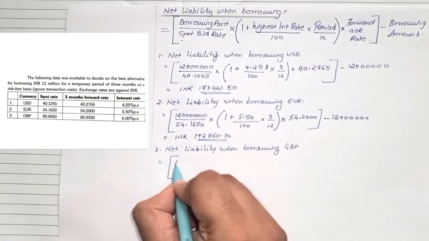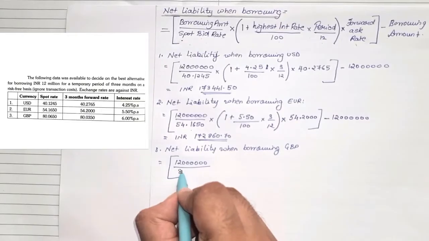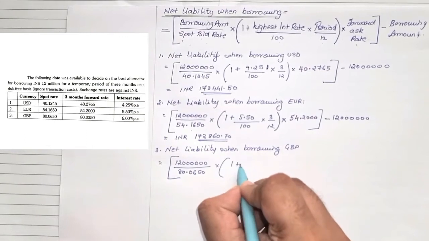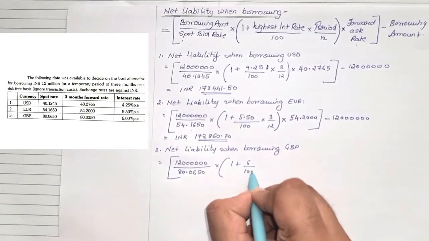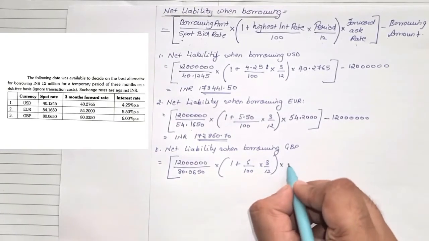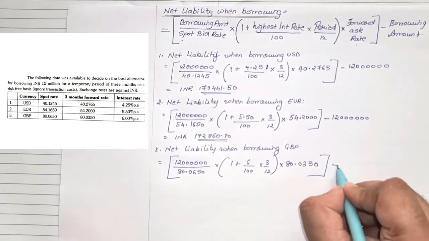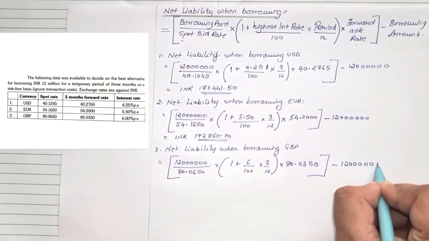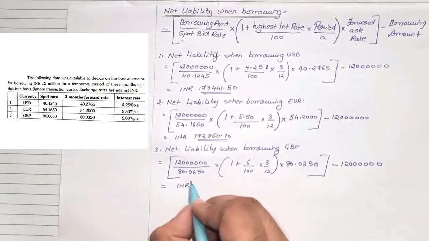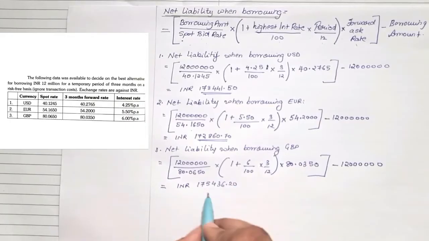Again, the formula remains the same: 1 crore 20 lakhs upon the spot rate, which is 80.0650, into 1 plus the rate of interest, which is 6%, so 6 upon 100, into 3 by 12, into the forward rate, which is 80.0350. Whatever answer you get, you'll have to minus the borrowed amount. So the value that you should get would be INR 1,75,436.20.